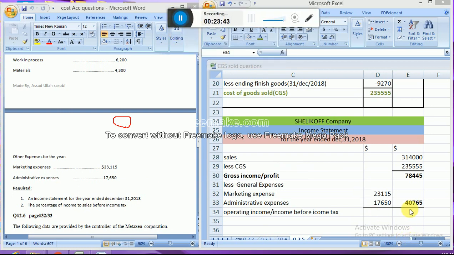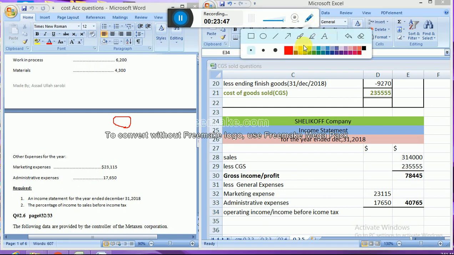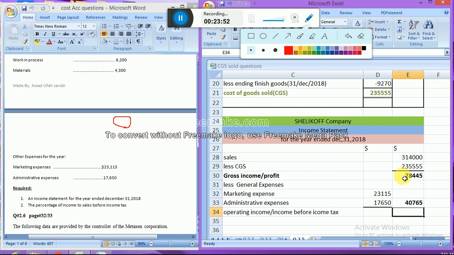Okay, dear students, look at this: 78,445. This is our gross profit. But gross profit is not the pure profit. Why?